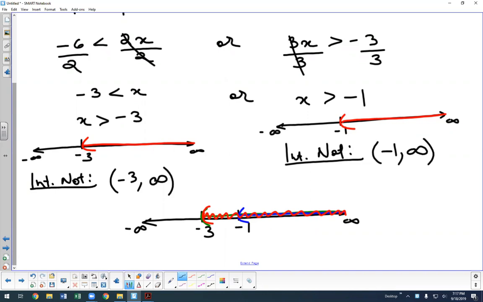So can you tell me what the interval notation for this guy will look like? Parentheses -3. Yeah, so since we're starting at -3 and we're going all the way to infinity, it's actually going to end up looking like this one here because that included our other inequality also.